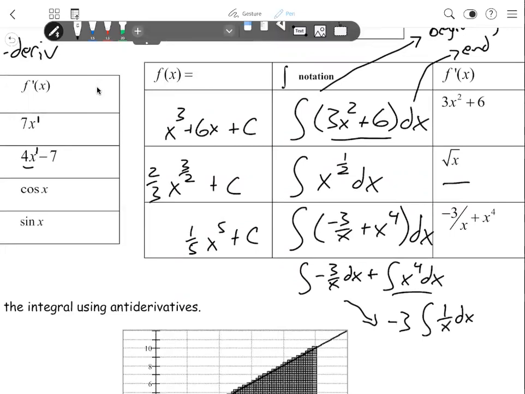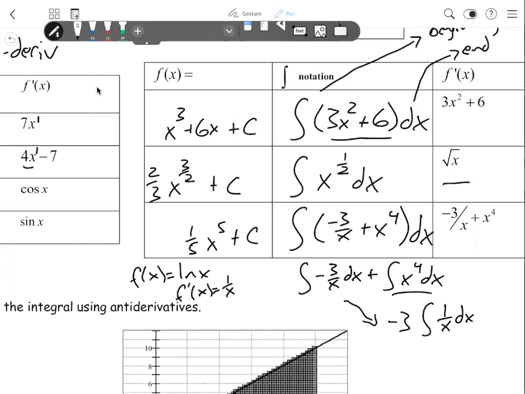Then I need you to dig down deep in your calculus brain there. Let's say I have a function like the natural log of x, for example. What's the derivative of the natural log of x? Well, f prime would be 1/x.